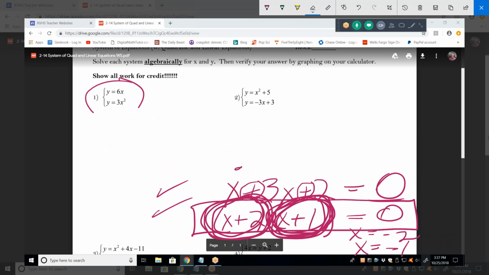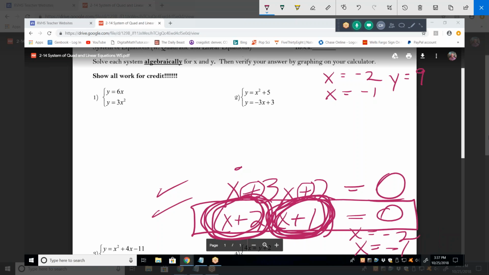Well, let's still look at problem number 2. I solved for x, and I got 2 solutions. X equals -2 and x equals -1. Now tell me what y is. When x equals -2, what is y? 9. Yes, very good.